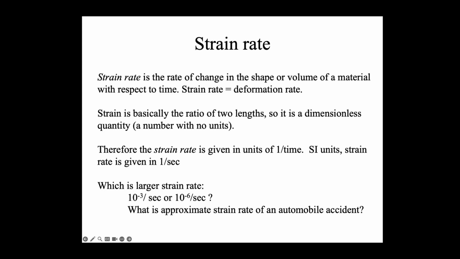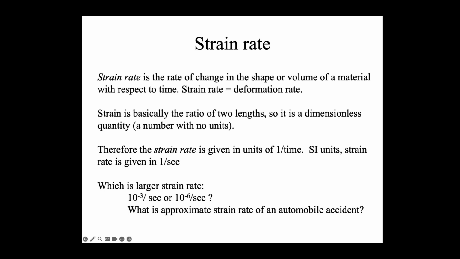What is the approximate strain rate of an automobile accident? Well, this obviously depends on the kind of accident, but let's imagine it's a front end collision. That would be a 10% change in shape of an automobile, and so that would be almost instantaneous.